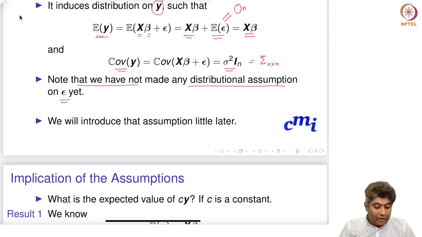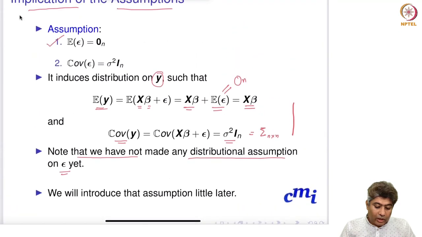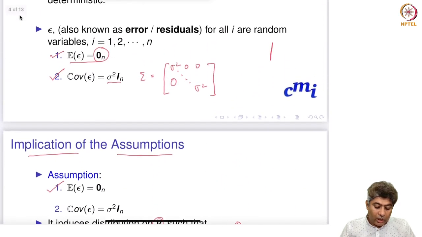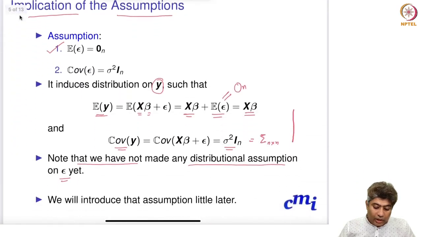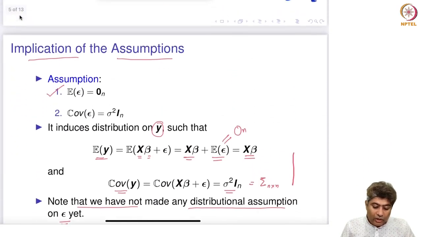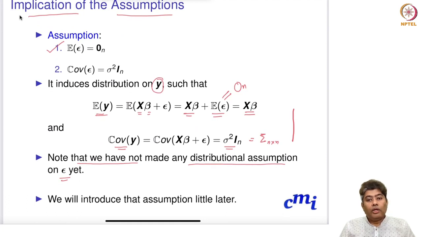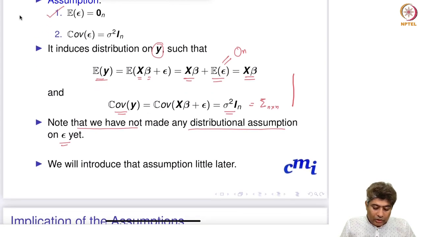That means they do have a distribution, and they have a mean vector and a covariance matrix, but we are not making any assumption about whether epsilon follows a multivariate normal or any other distribution. We will introduce this assumption later as we require it.